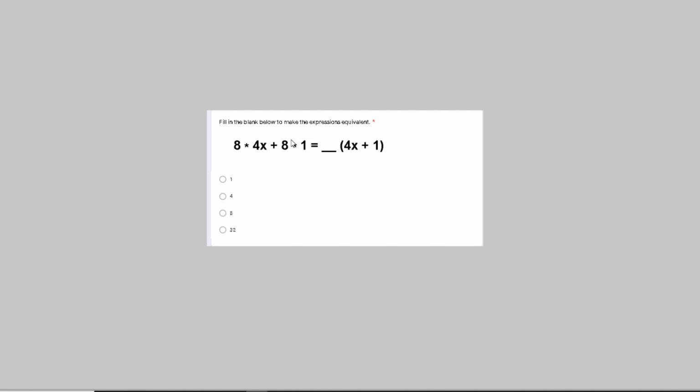Well, notice that the only difference here is that there's this 8 in each term. So if you think about it, if we were distributing an 8 through, well, we'd have 8 times 4, which is what we get here, and then we'd have 8 times 1, which is what we get here. So the answer has to be 8.